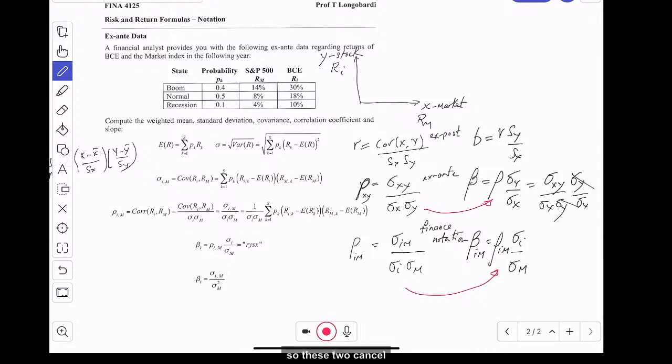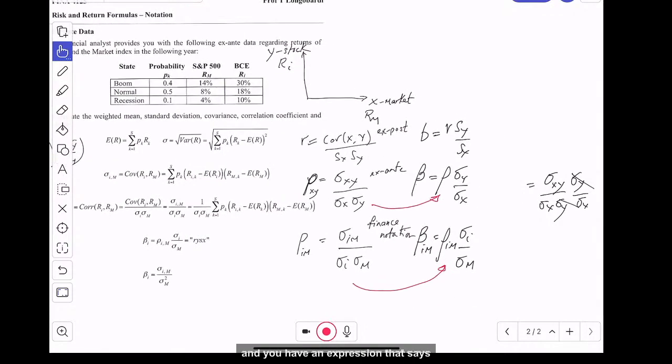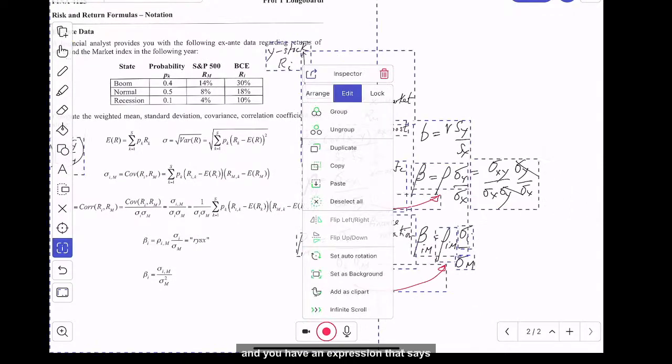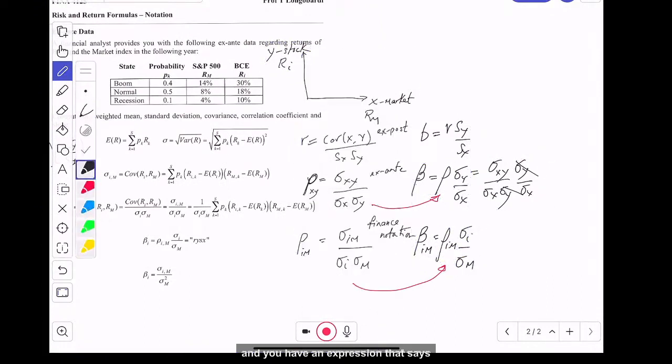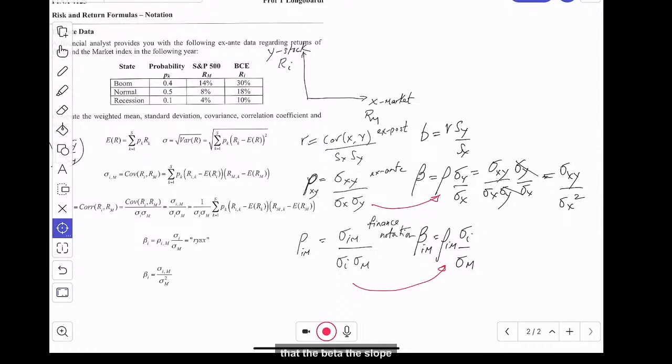So these two cancel, and you have an expression that says that the beta, the slope, is the covariance per unit of variance.